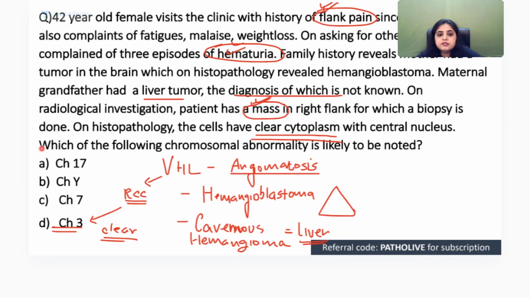Guys, what about the rest? What is this chromosome 7, 17 and chromosome Y? Chromosome Y, which kind of renal cancer? Y means papa. These were all papillary carcinomas of the kidney. Papillary RCC, all of them. So this was quite an easy one.